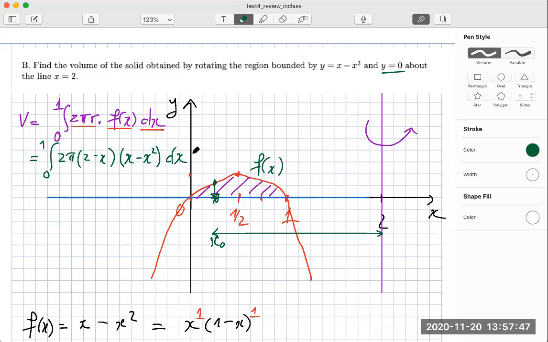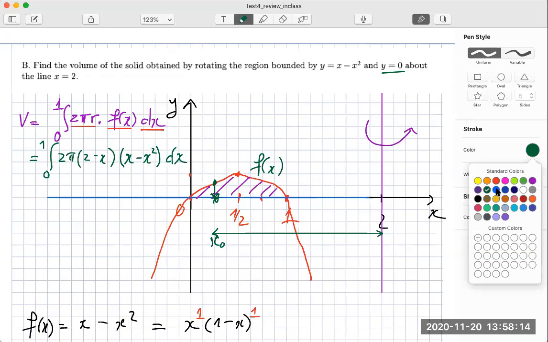We've done this in class already. Is it clear? So now, if we vary this question one more bit, if now it rotates about the line x equal to 1, what do we have?